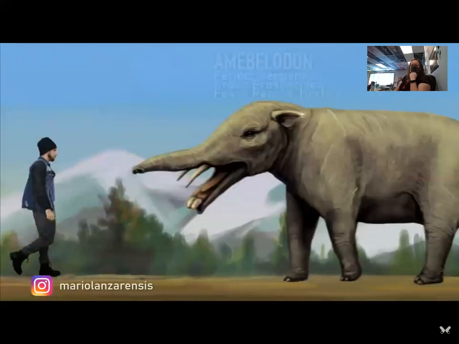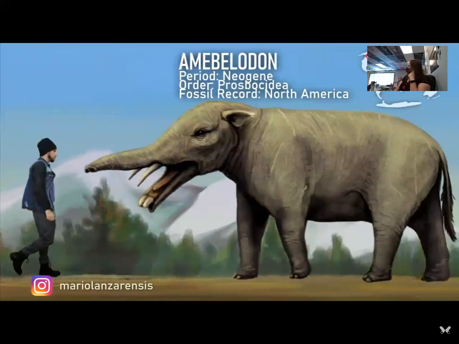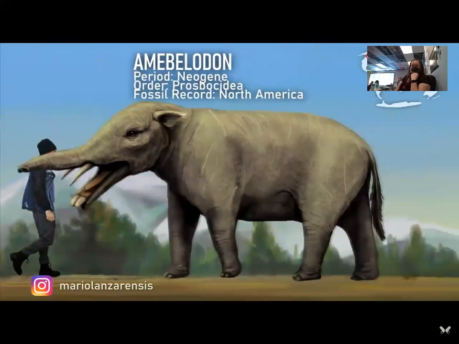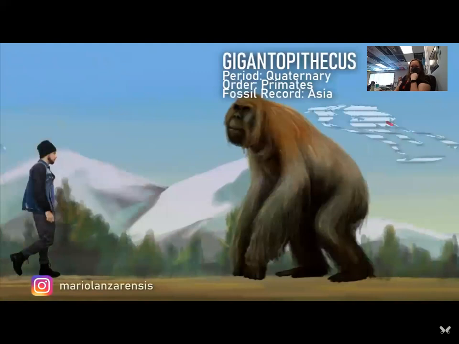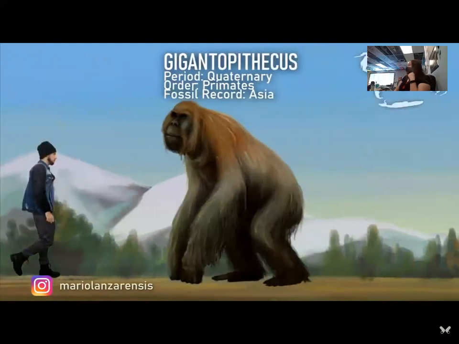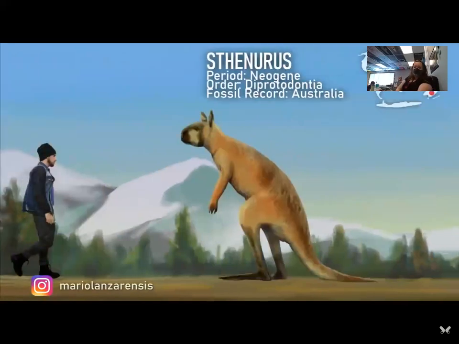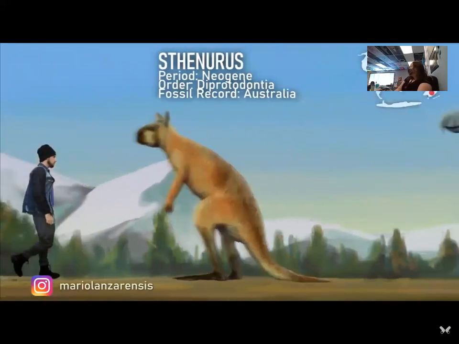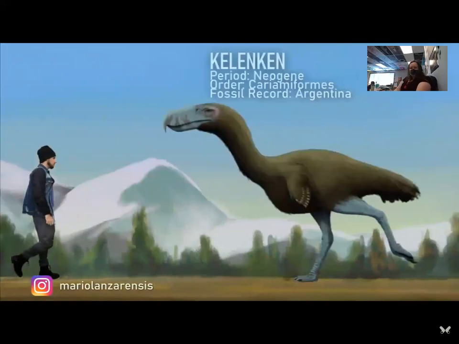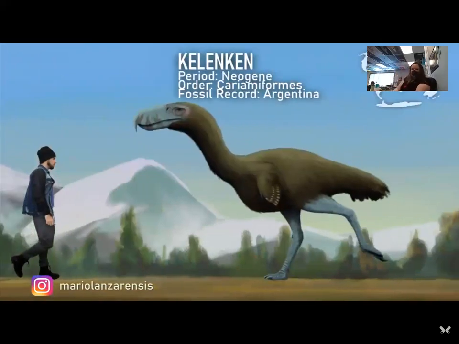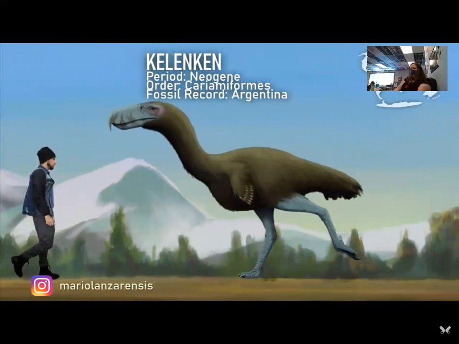Looks kind of like an elephant. Here's another one that's similar. Okay, I think there's a human compared to a human. It's a large ape, giant kangaroo. This makes you think dinosaur, kind of. I mean, not really, but.